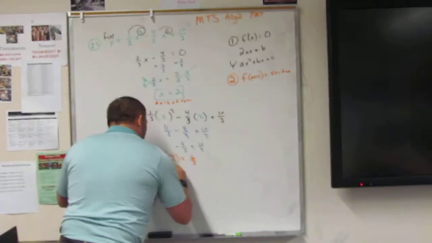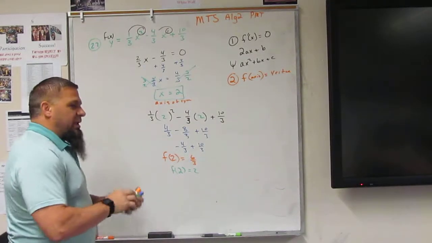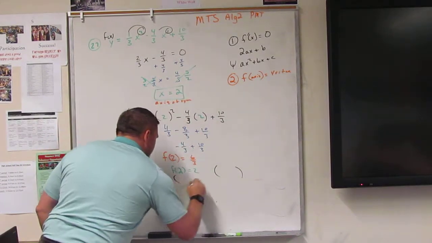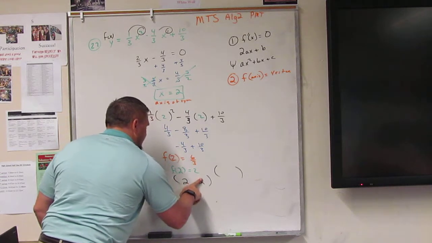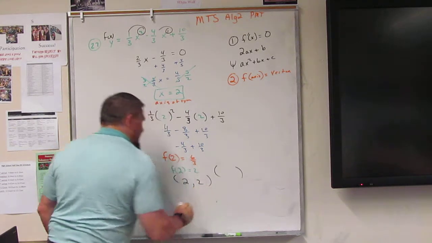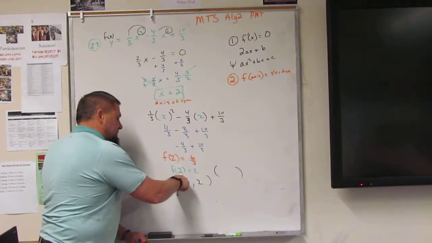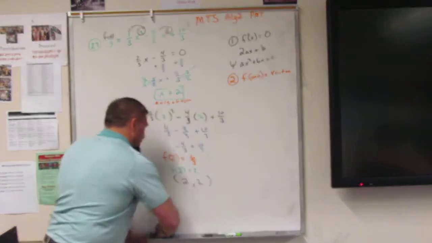So f of 2 is equal to 2. And so what we get there is a vertex. And the vertex is, well, I'll just put it down here. 2 and 2. And I'm going to write that 2 kind of like that too, so you see the difference of the 2's. Right? This 2's coming from that one. This 2's coming from that one. And that's your vertex.